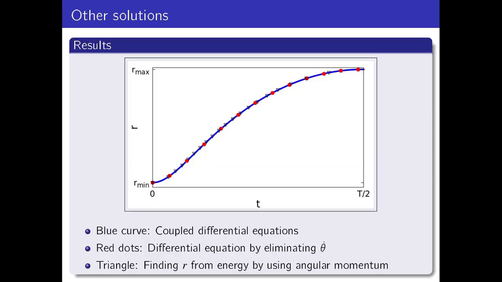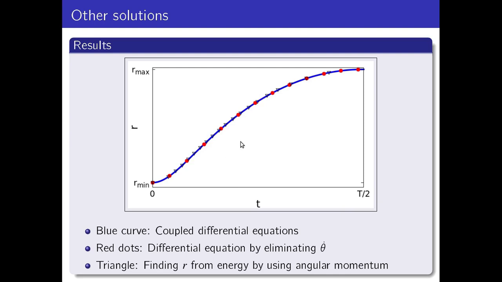Here we see the results for the mentioned three methods. Since for the third method it is only possible to carry out the integration for half of the period, we will compare results for the change of r for half of the orbit. The blue curve shows the results of the first method, the red dots show those of the second one, and the triangles show those of the third.